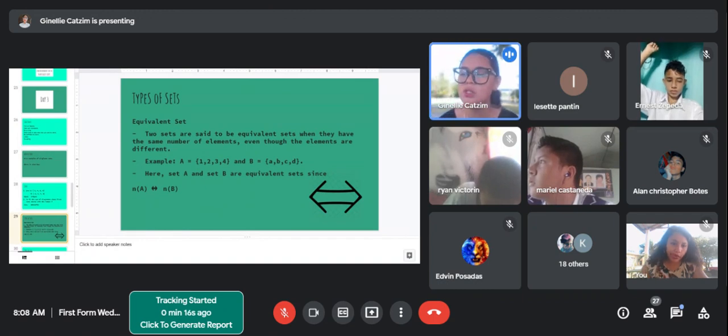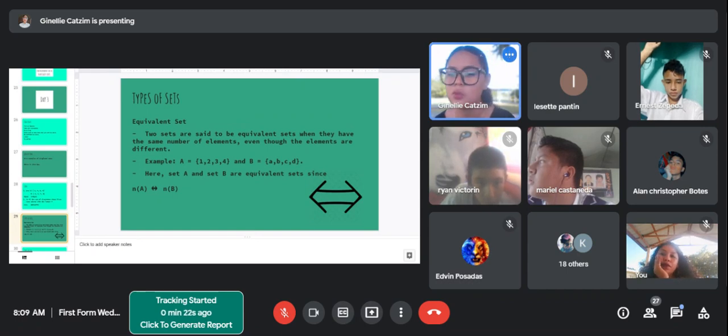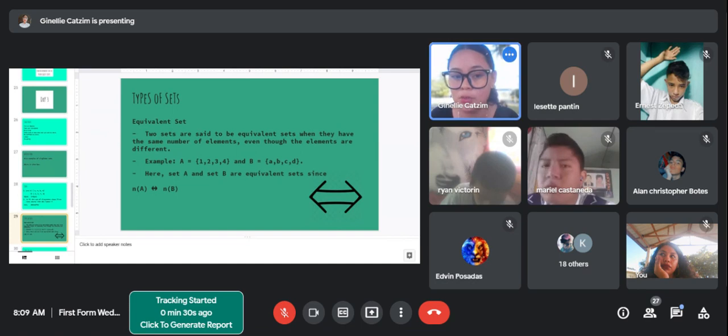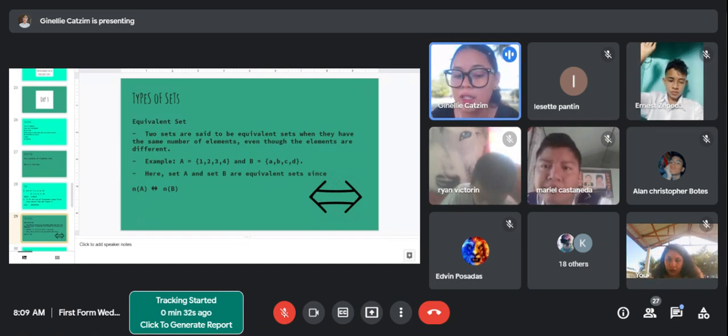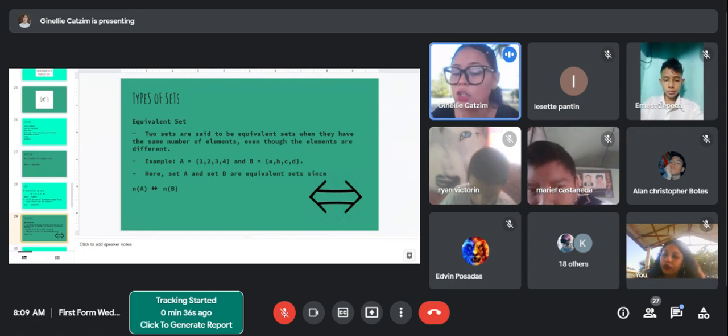Some people use the equal sign, but I didn't put the equal sign here because you would confuse it with equal sets. Remember, equal sets have the same elements, right? And this one has the same amount.